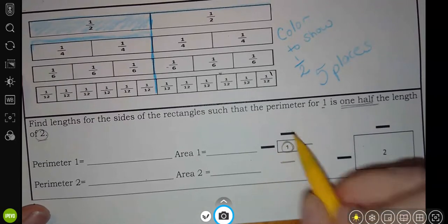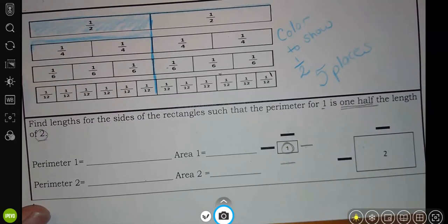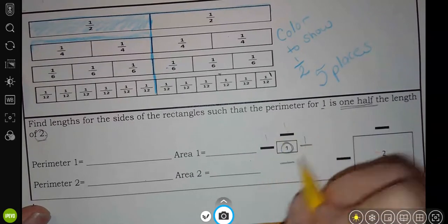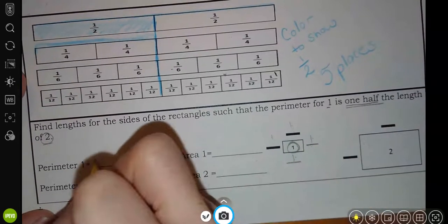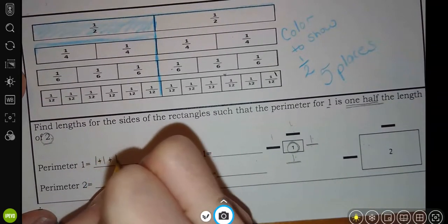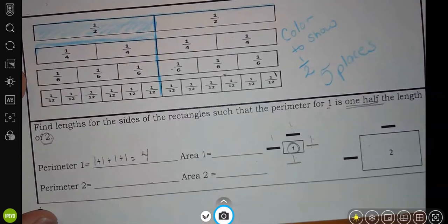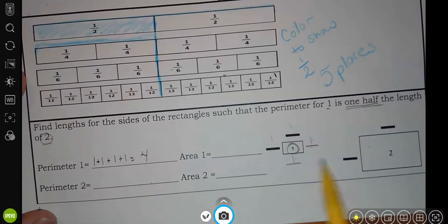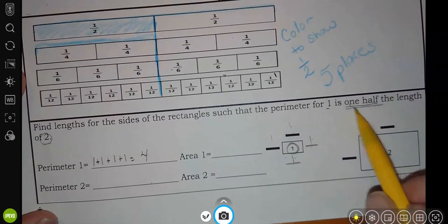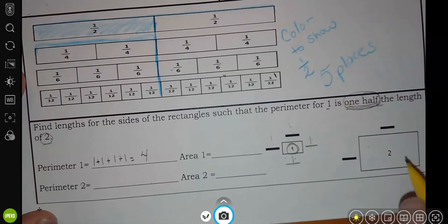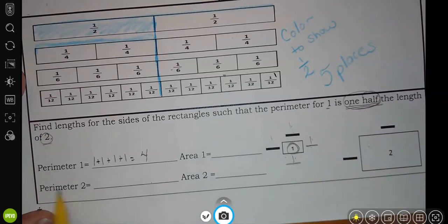So blank plus blank plus blank plus blank. Let's make it easy. Let's make each of them 1, right? Because 1 plus 1 plus 1 plus 1 equals 4.